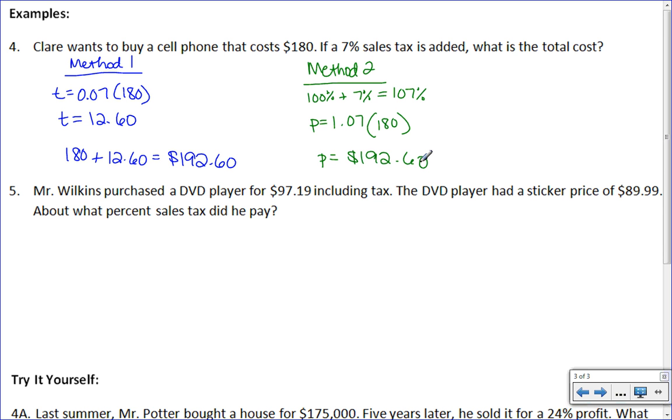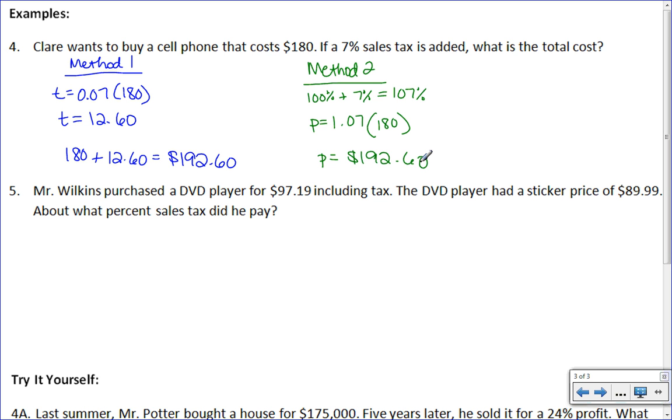Alright, one more example. Number 5 says Mr. Wilkins purchased a DVD player for $97.19 including tax. The DVD player had a sticker price of $89.99. About what percent sales tax did he pay? Well, if you think about our percent equation, we need to have the part, the percent, and the whole, or at least something that represents those.